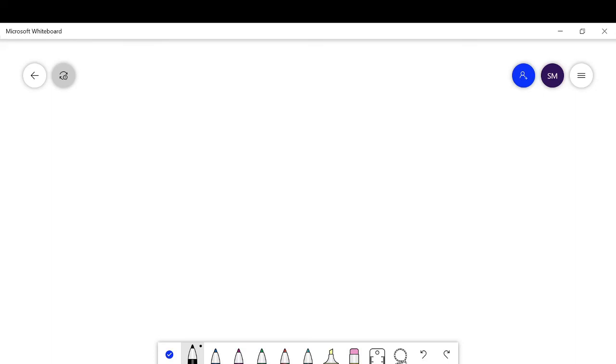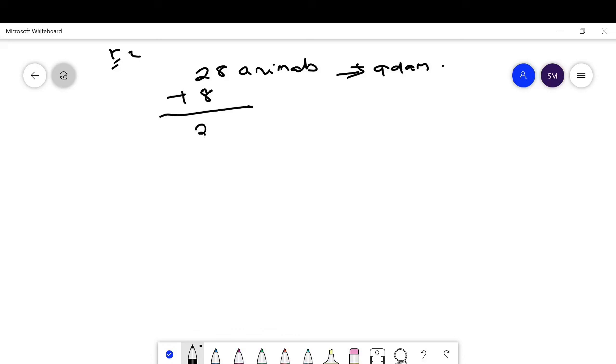Then this is also an inverse variation. The food is for 28 animals for 9 days. When 8 more animals are added, means the animals become 36 animals.